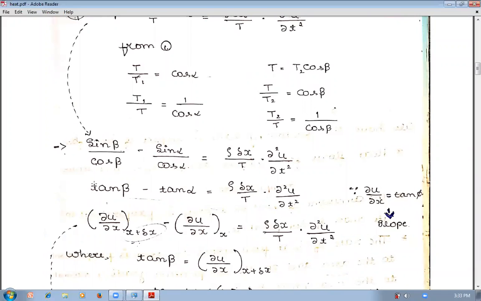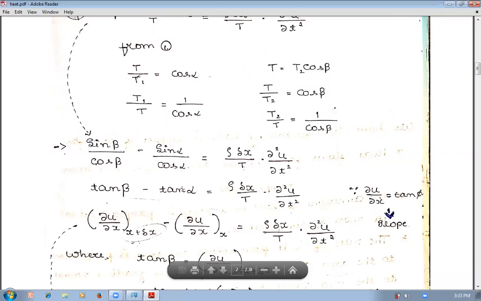We know that this is the slope of the tangent: tan phi = ∂u/∂x. Tan beta is the slope of the tangent at the point x plus delta x, and tan alpha is the slope of the tangent at the point x.